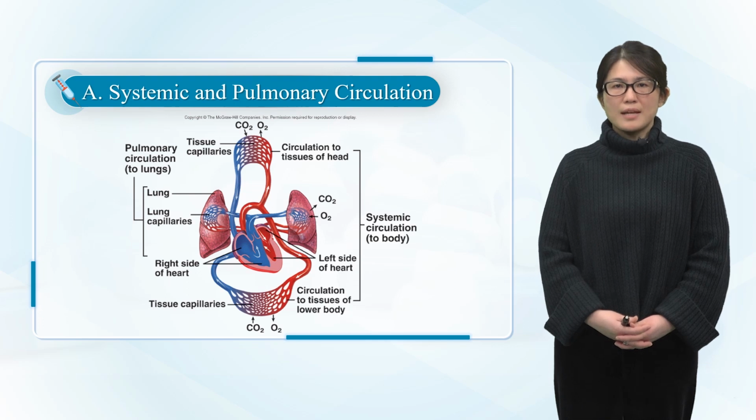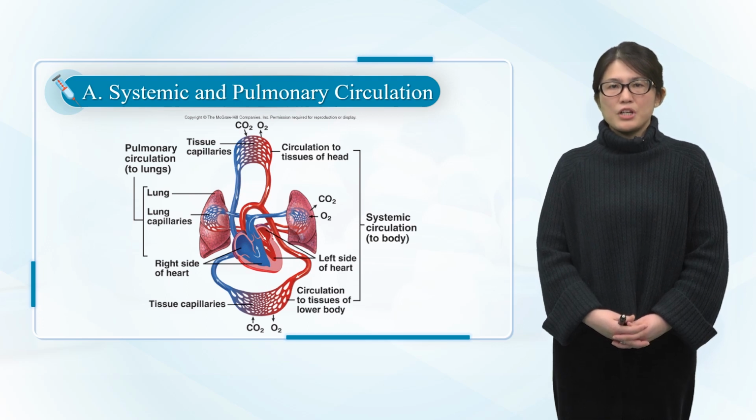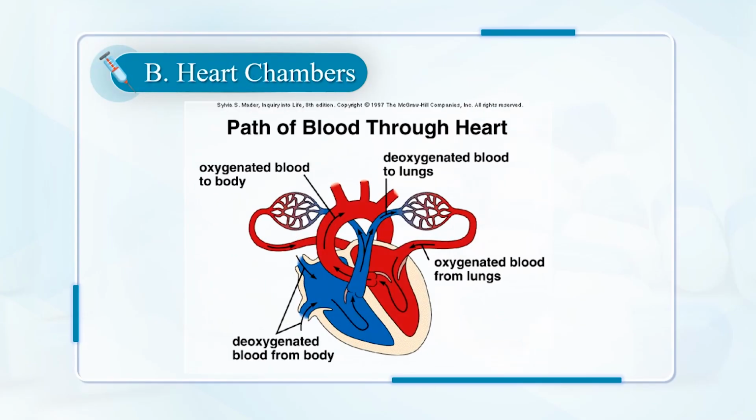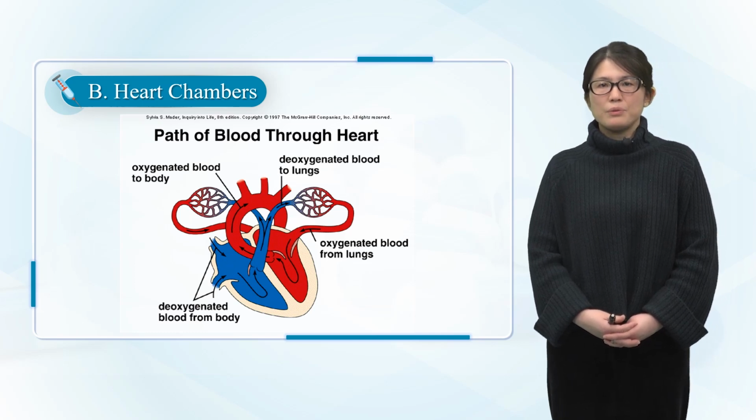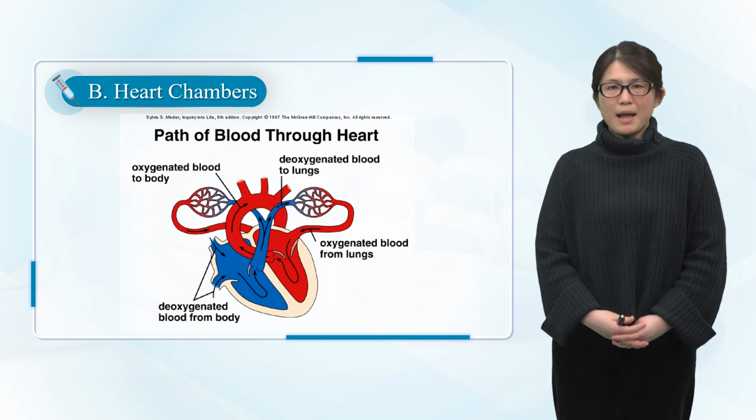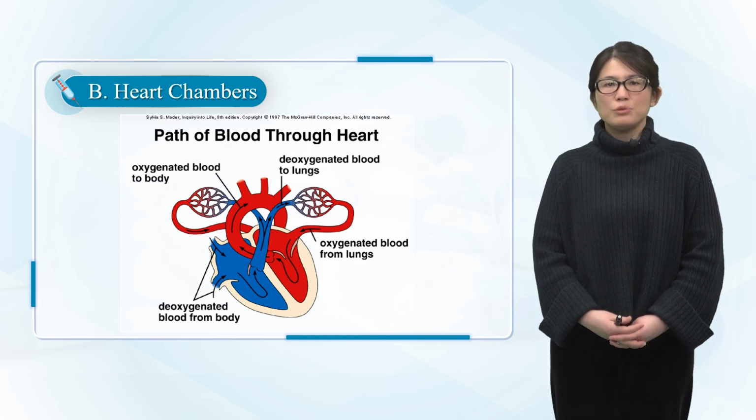Systemic circulation and pulmonary circulation proceed simultaneously. The heart is divided into left and right halves by the heart compartment. The hypoxic venous blood in the right half of the heart turns into oxygen-rich arterial blood through the pulmonary circulation and returns to the left half of the heart.